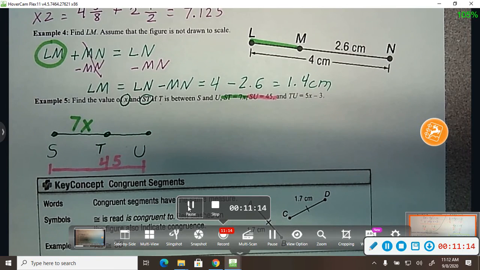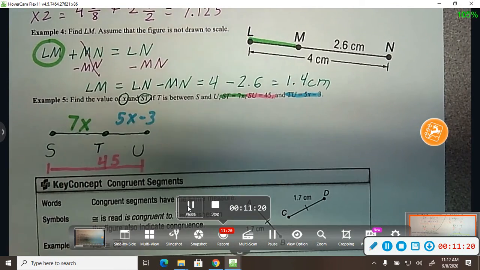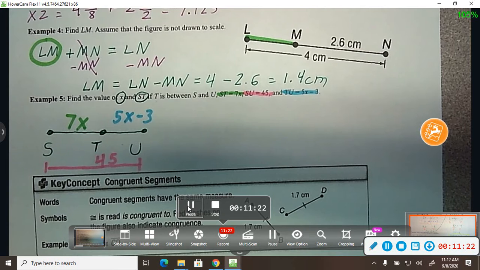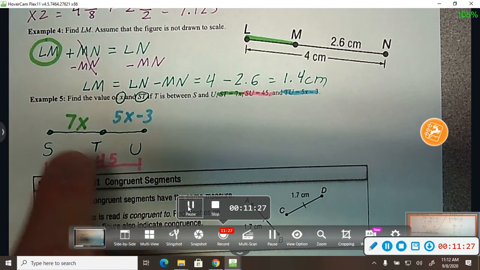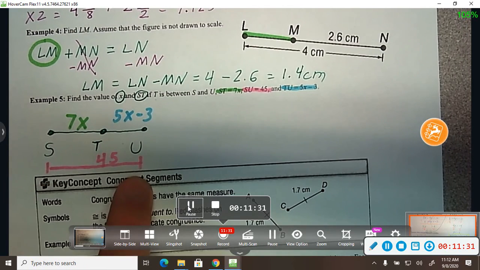And then I also know that TU is 5x minus 3. Alright. Well, I can now solve this because I know that if I take ST plus TU, that equals SU.